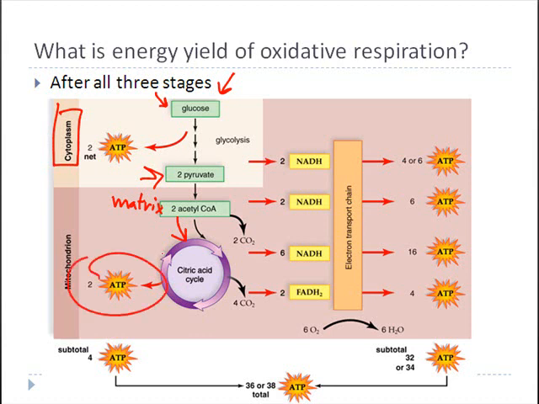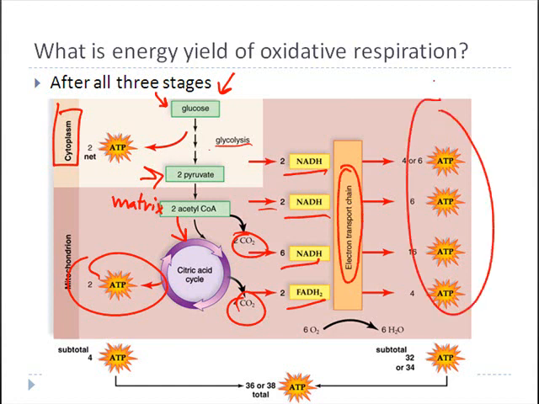We got some ATP out of the deal by breaking apart bonds and releasing carbon dioxide. And we also made a bunch of NADH molecules and FADH2 molecules. And those NADH molecules that came from glycolysis and from the Krebs cycle are all going to be shuttled into the electron transport chain to make molecules of ATP.